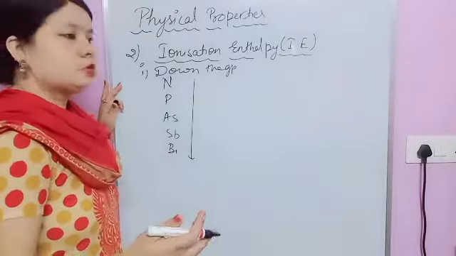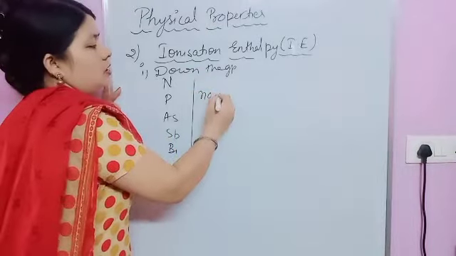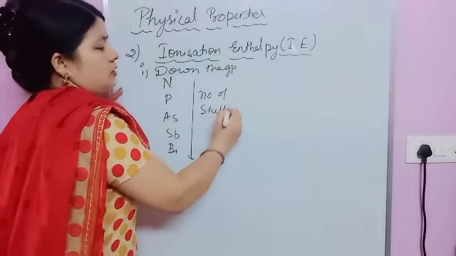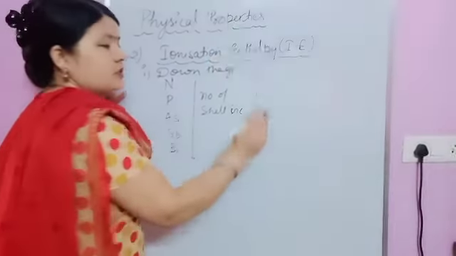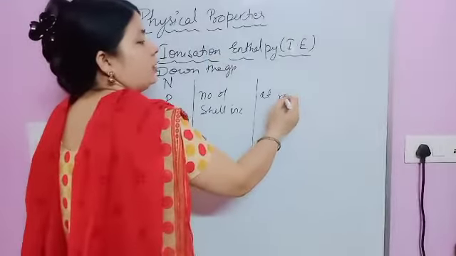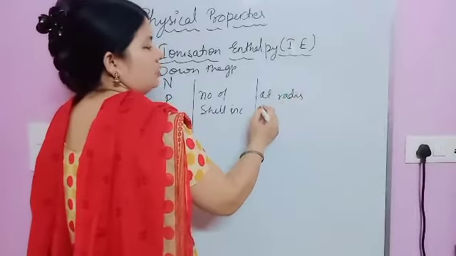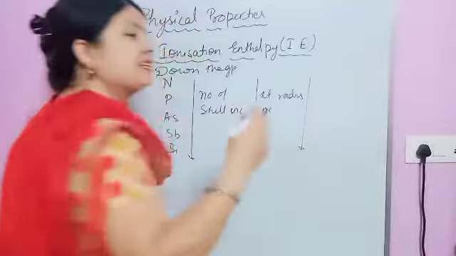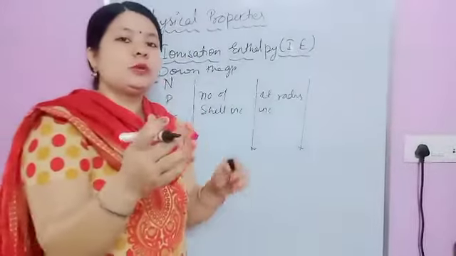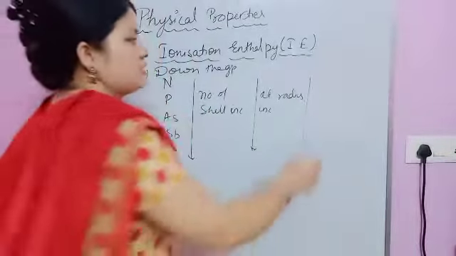decreases. Question arises, why? Because the number of shells increases. If the number of shells increases, then atomic radius also increases, size is increasing, and if size increases, it means the force of attraction between nucleus and outermost shell decreases.